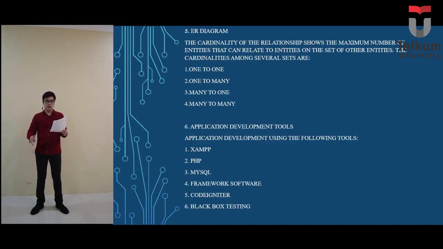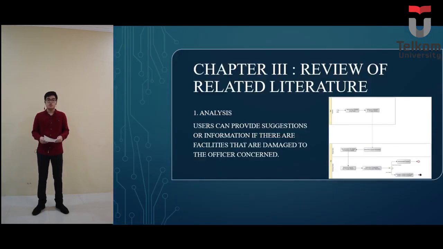Now, in application development tools, the following tools are used: XAMPP, PHP, MySQL, framework, CodeIgniter, and black box testing. And we get chapter 3, analysis and design.